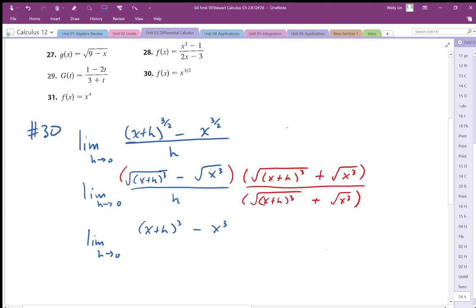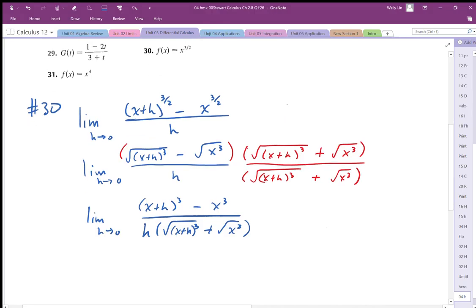Square root squared minus square root squared, so the square roots disappear, and I have my h factor and this expression in the denominator. Since we don't have to worry about dividing by 0, we're just going to evaluate this when we can. So this is (x plus h) cubed.